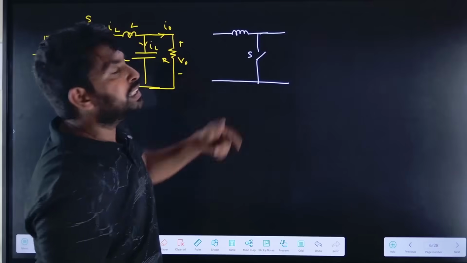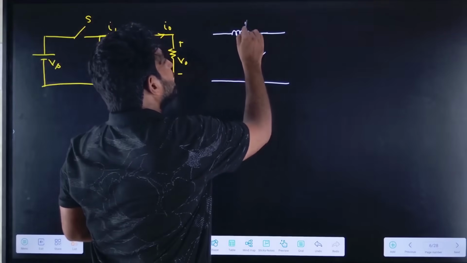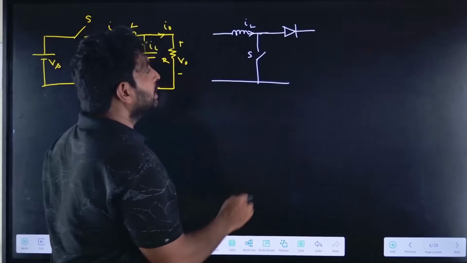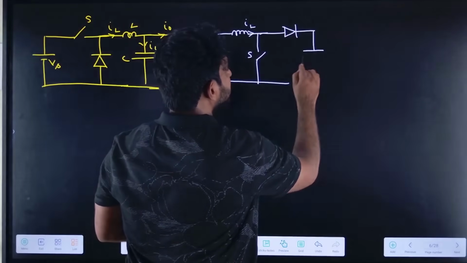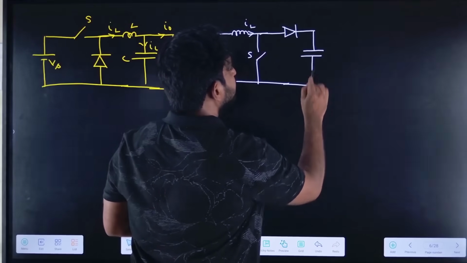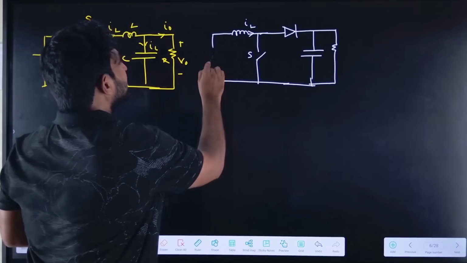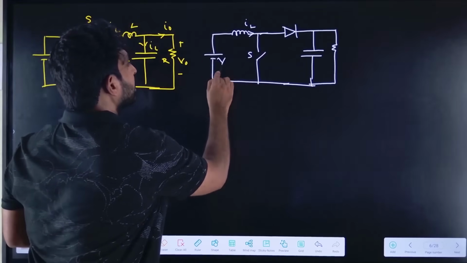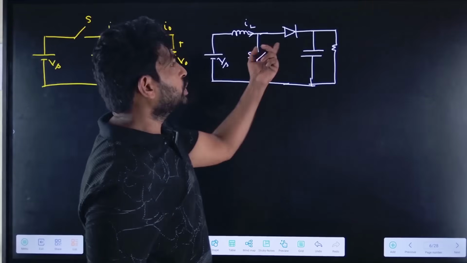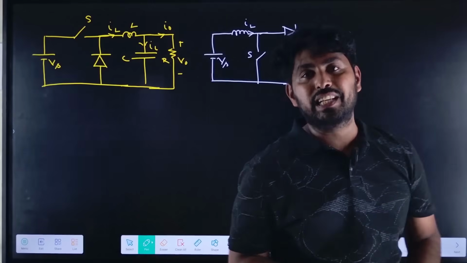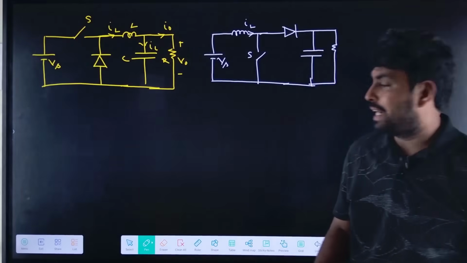In the inductor current direction, so it should be like this. Then we have the capacitance and the resistance, and this is the Vs. Now S2 can be changed into a diode and S1 can be replaced by the IGBT, MOSFET or transistor.